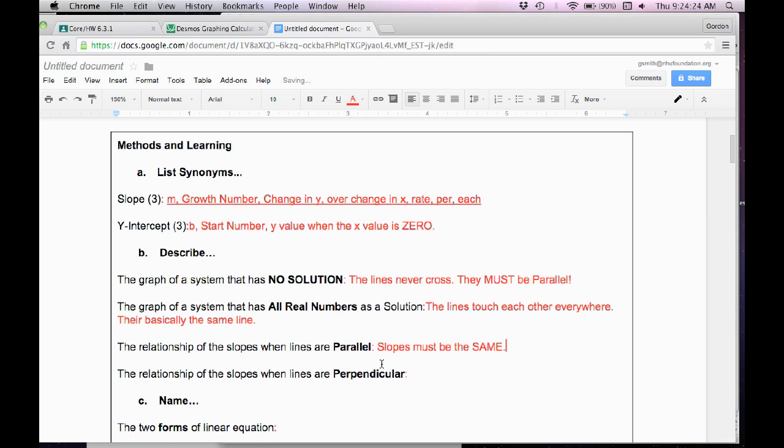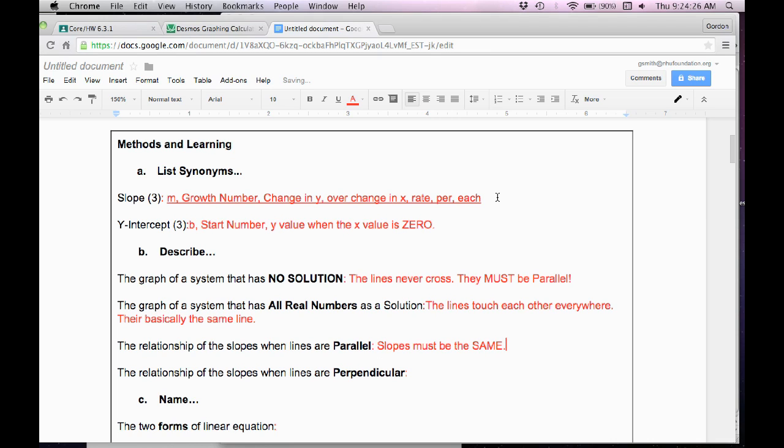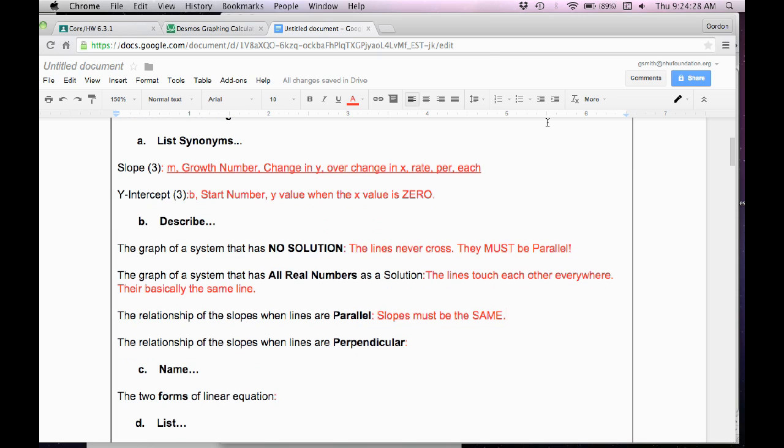And the relation of the slopes when they're perpendicular. So now we have one that's sort of going like this and another one going like this. This one is not as mathematically obvious, but we have discovered it before. The slopes are opposite reciprocals.